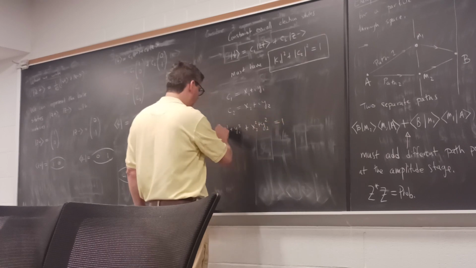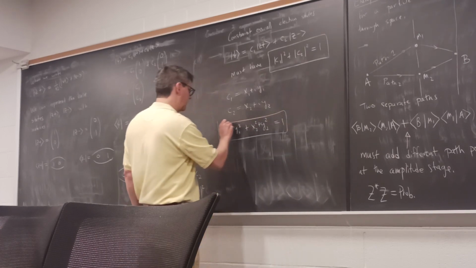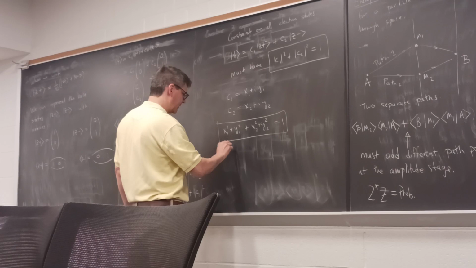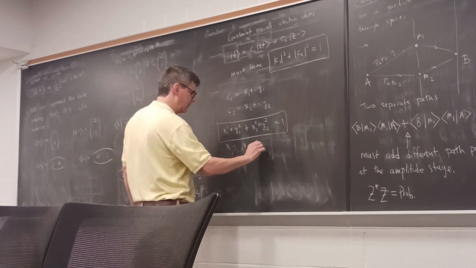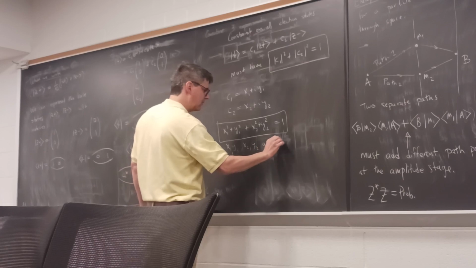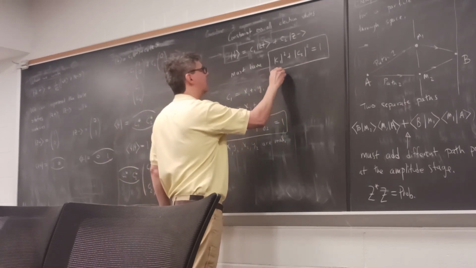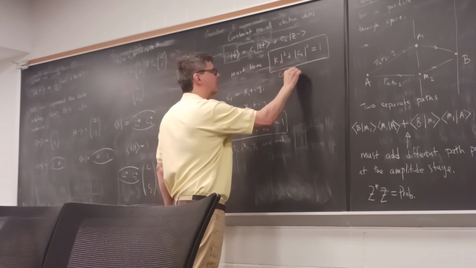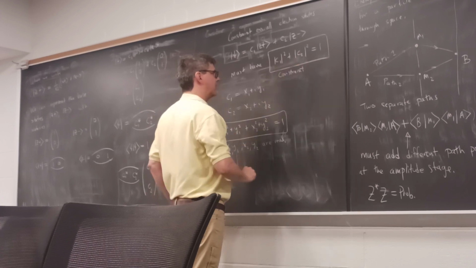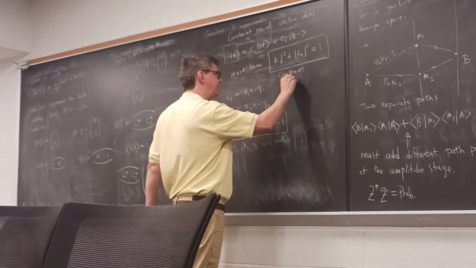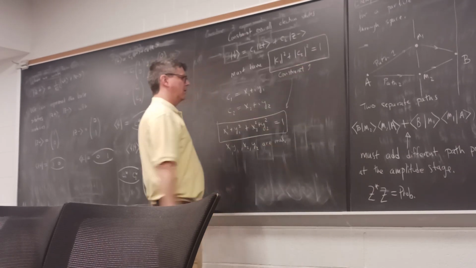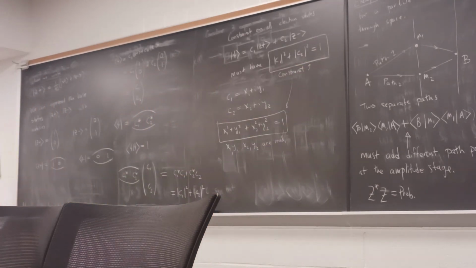This has to equal 1. So x1, y1, x2, and y2 are real. So this is the constraint equation in real numbers. Okay.